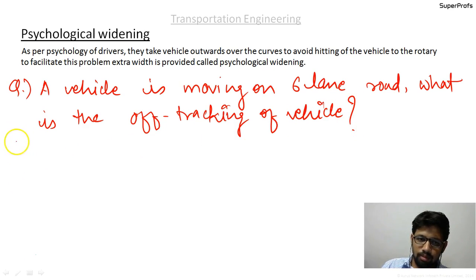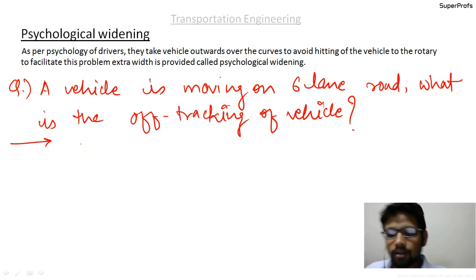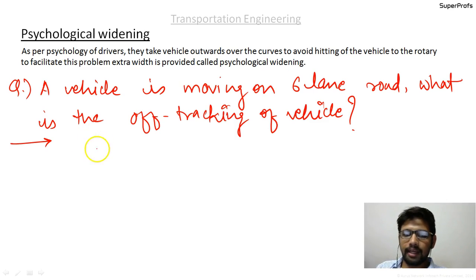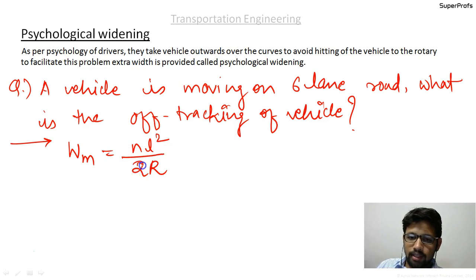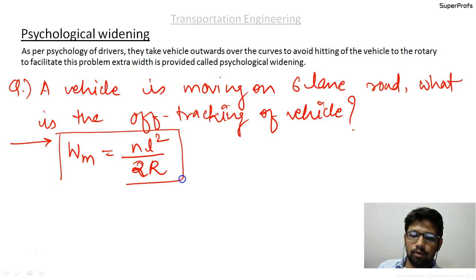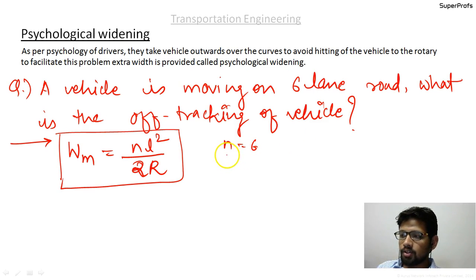So please think on this. I should write down the formula for the mechanical widening: Wm equal to NL square upon 2R. So guys, please try out yourself. Extrapolate from what I have taught. The n value is 6, since it is a 6 lane road.